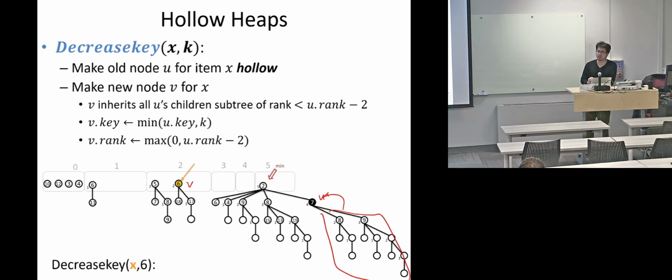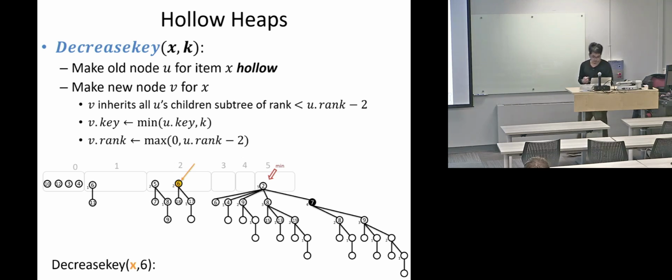The biggest two are still with u. The rank of u is still 4. The rank of v is going to be 2. And the key of v is now decreased from 7 to 6. Let's see another example.